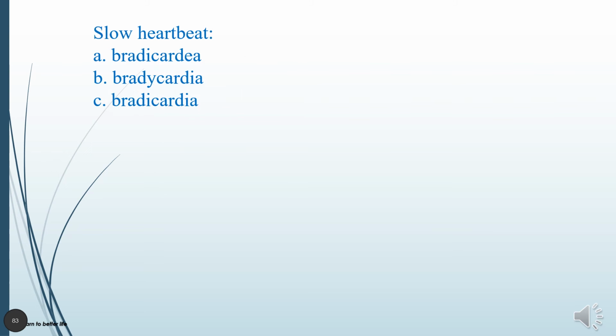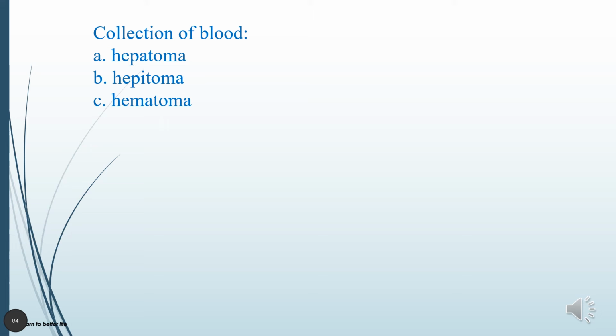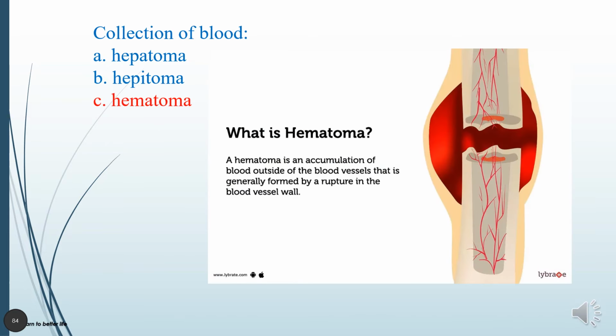Correct spelling of slow heartbeat is A. Bradycardia. B. Bradycardia. C. Bradycardia. The answer is B. Bradycardia. Collection of blood is A. Hepatoma. B. Hepatoma. C. Hematoma. The answer is C. Hematoma.